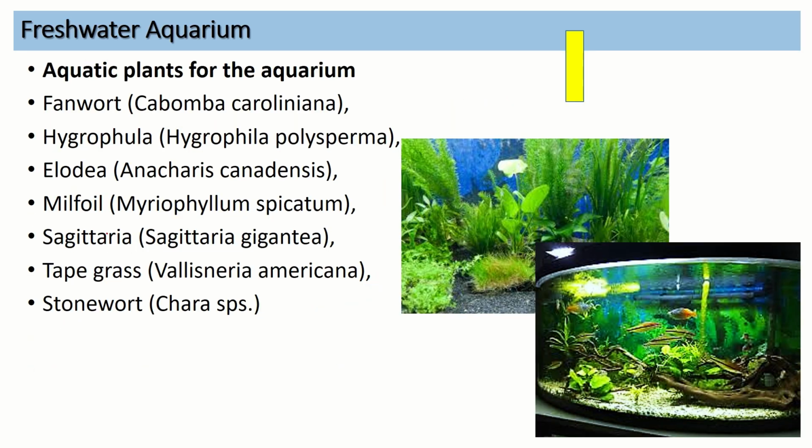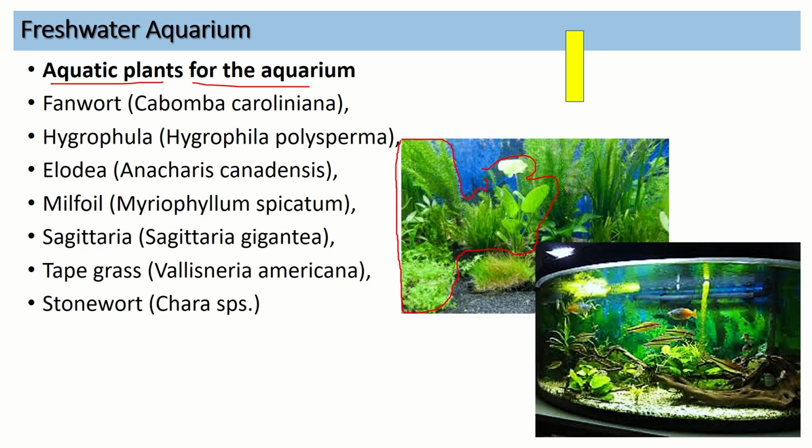Next point, aquatic plants for the aquarium. Plants are an important prerequisite of an aquarium. Through their peculiar chemical ability called photosynthesis, the aquatic plants convert carbon dioxide exhaled by fishes into food, that is glucose, for themselves, and in turn liberate oxygen during daytime.